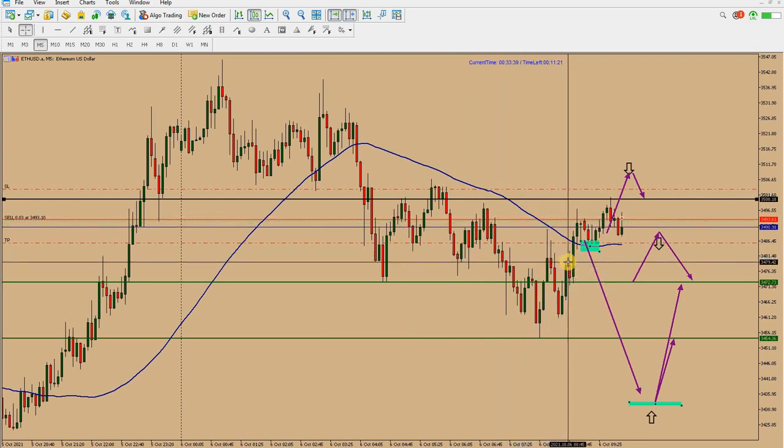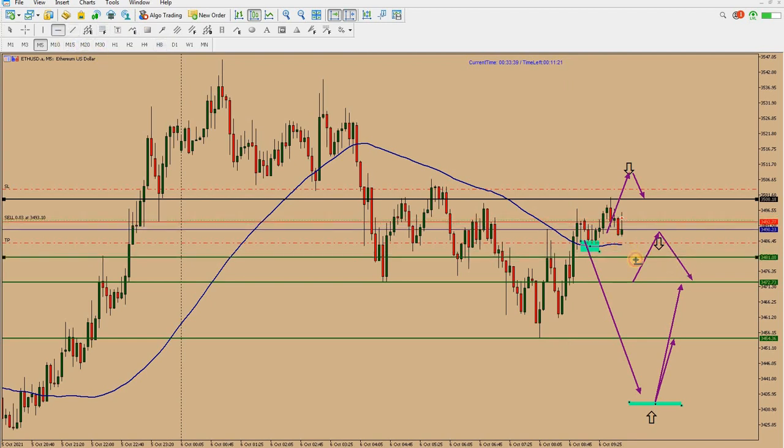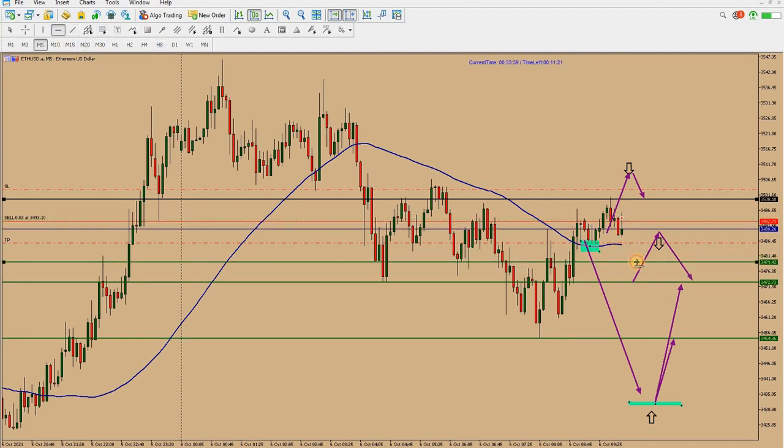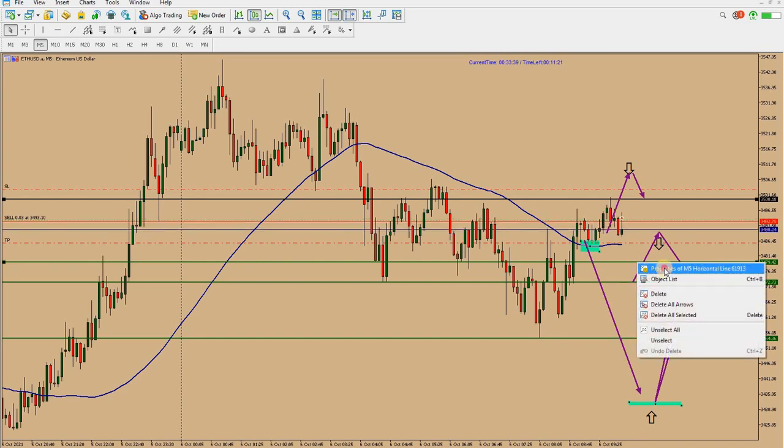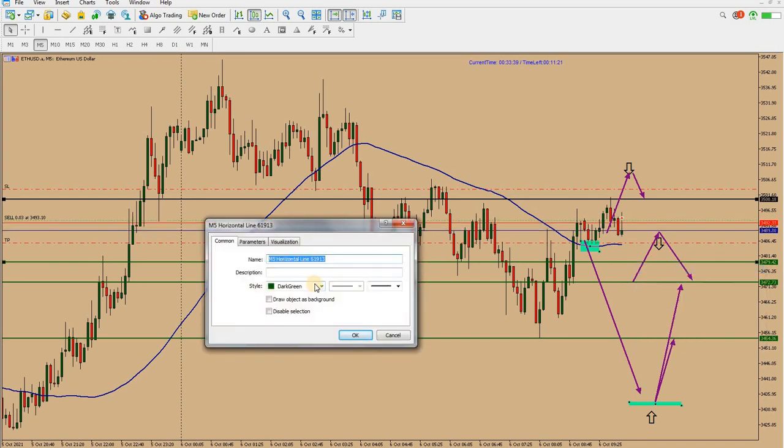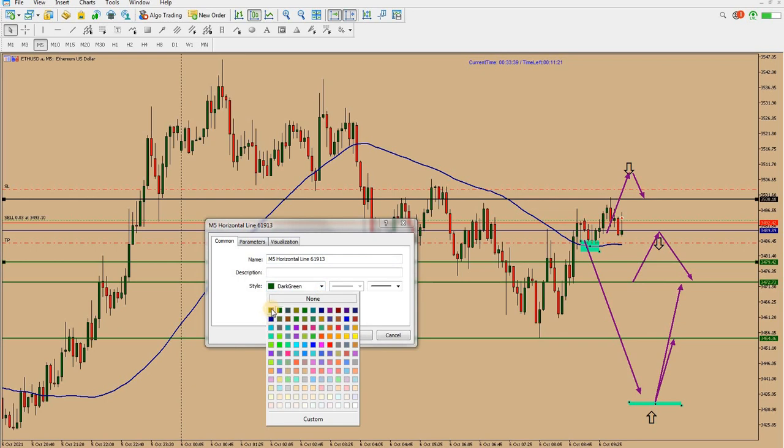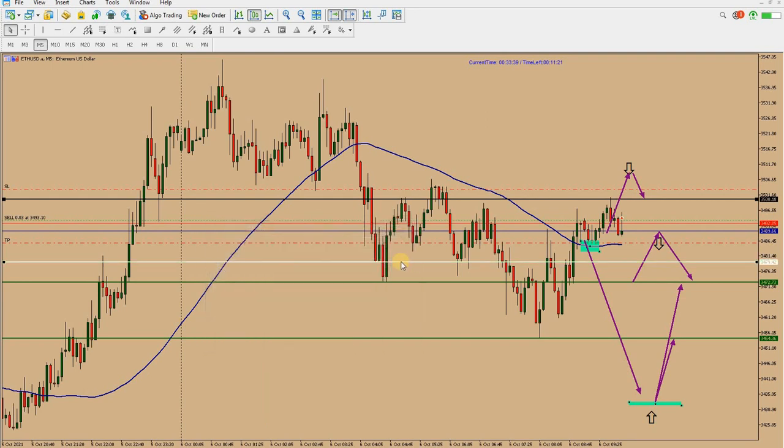So if I mark it up, I'll change the color just to not mix with the buying zone, so we put it in a different color, maybe white. I don't know if you can see it.